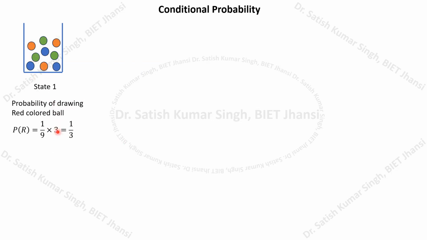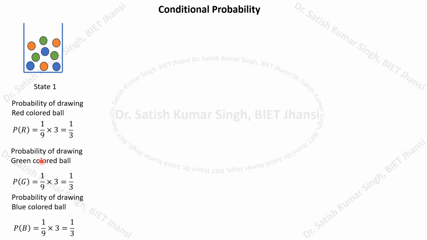So we can write this as 3 by 9. The number of favorable outcomes is 3, and the total number of possible outcomes is 9, so it will be 3 by 9. So here we can write the probability of drawing a red ball is 1 by 3. Similarly, for the other two cases, the probability of drawing a green ball or a blue colored ball is again 1 by 3 and 1 by 3.